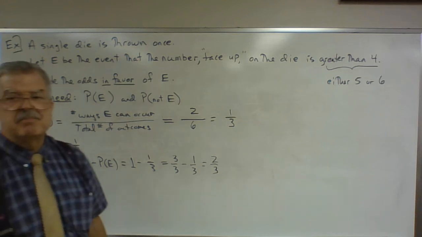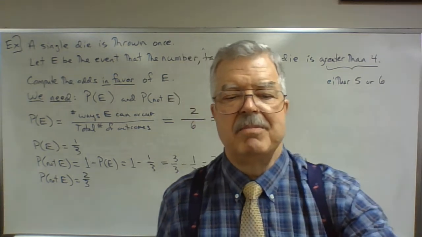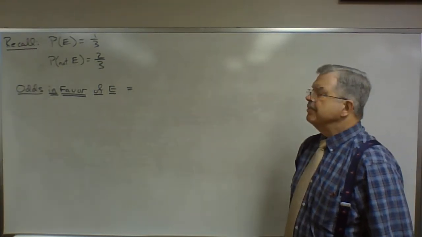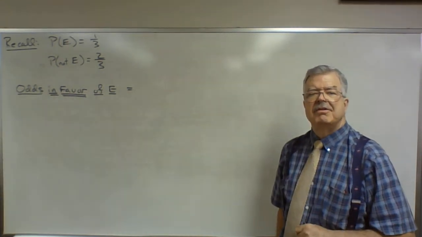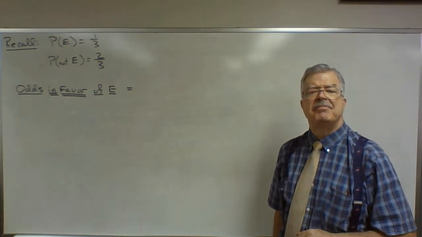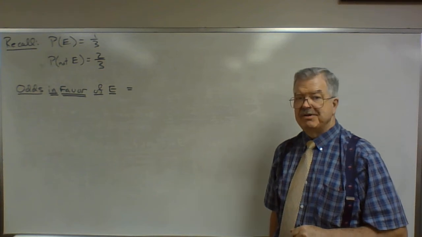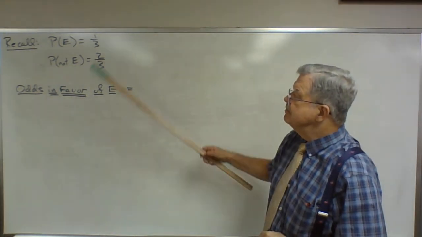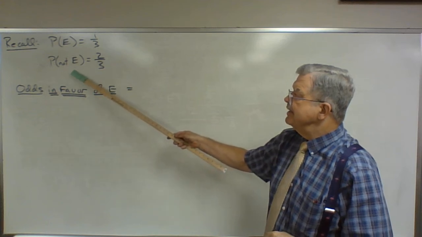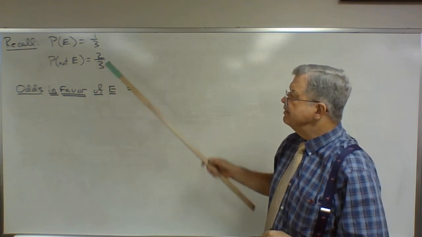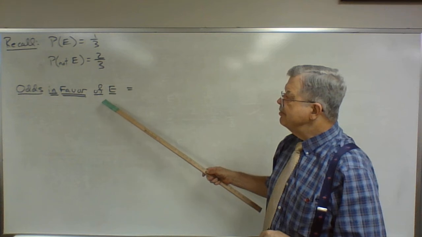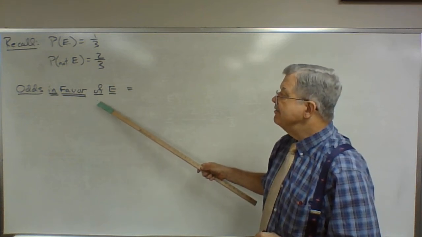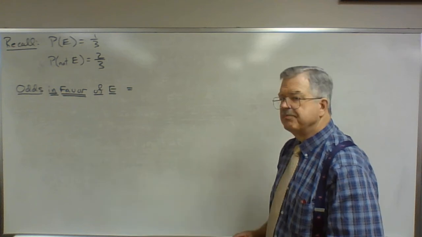Okay, let me clean up this board and we will be back in business. But just a reminder, E is the event that we toss a single die and get a number greater than 4. That probability is 1/3. The probability that E does not occur is 2/3. And we want the probability, no we don't, we want the odds in favor of E occurring.